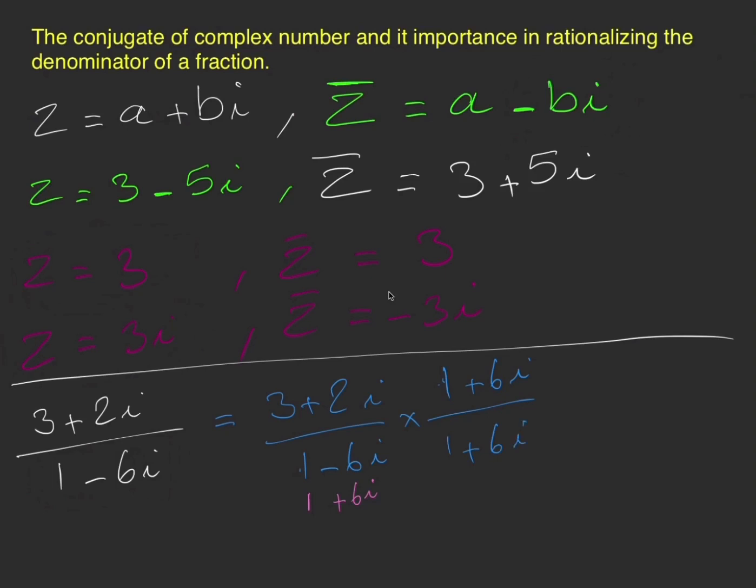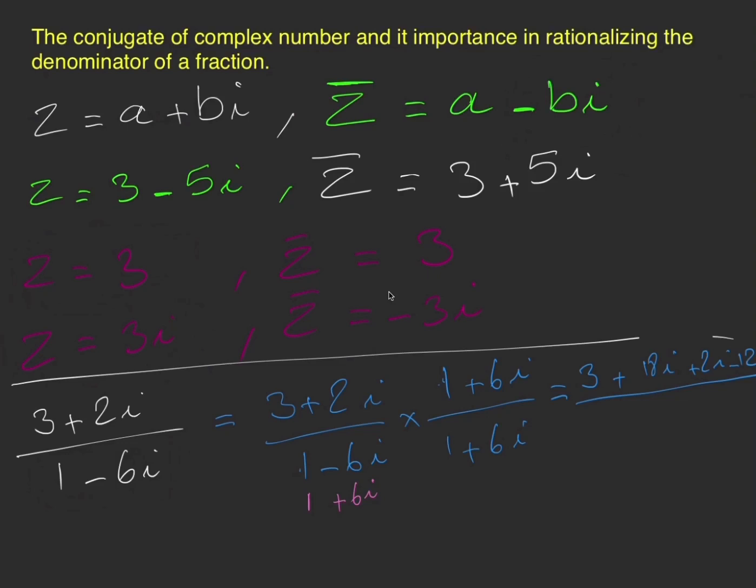So what is going to give us here is equal to what? You multiply 3 by 1 is just 3, and 3 times 6i is plus 18i, and multiply 2i by 1 is just plus 2i, and multiply 2i by 6i is 12 i squared, which is negative, so negative 12, over what?